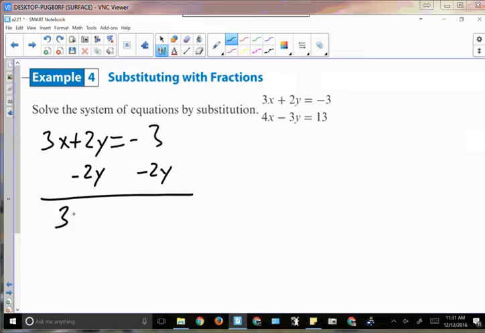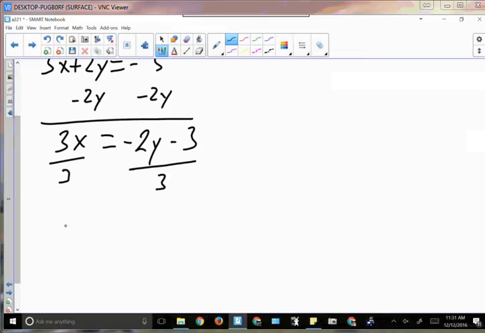and I end up with 3x is equal to negative 2y minus 3. Divide both sides by 3. And so I end up with x is equal to negative 2y minus 3 over 3. Okay. It does not matter one bit. Do I know what x is?